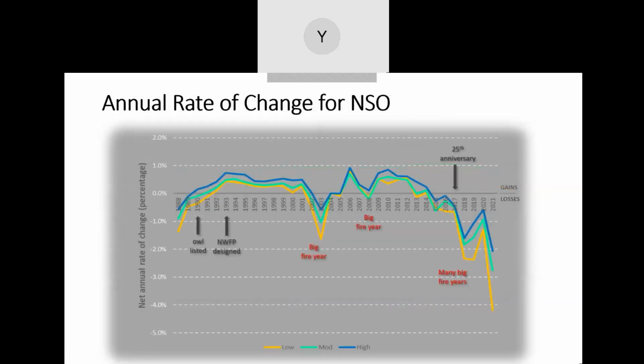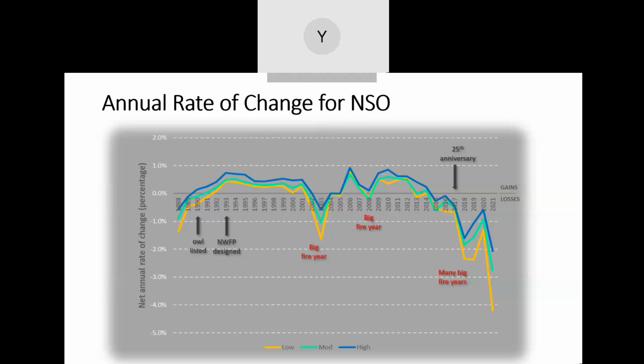The previous slide showed the temporal trend, but with the overall trend, it's hard to see any pattern. This shows the annual change of the refugia category. Before 1990, before the owl was listed, we see they're mostly in negative territory.